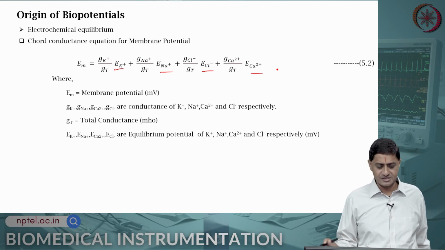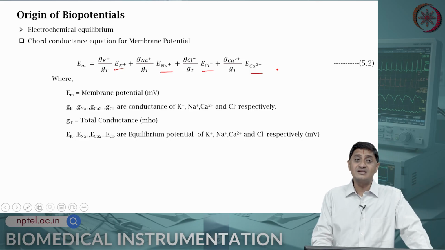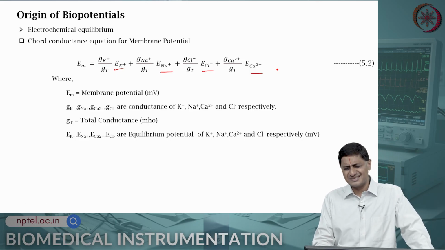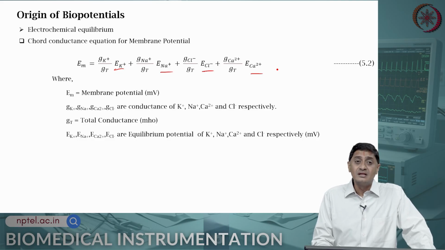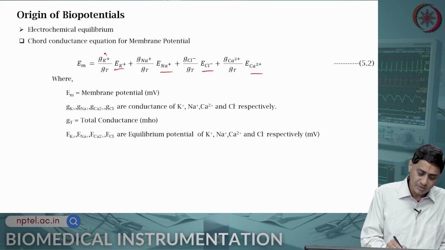sodium, chloride and calcium. And it turns out that the membrane potential, not necessarily the resting membrane potential, is essentially the weighted sum of the equilibrium potentials of each of these ions, weighted by the contribution that they make to the total conductance. So, each ion makes a contribution to the conductance.